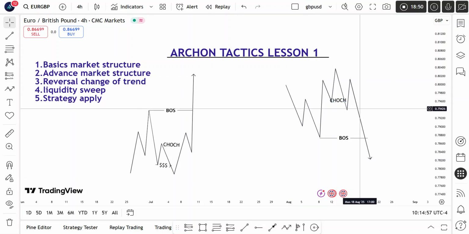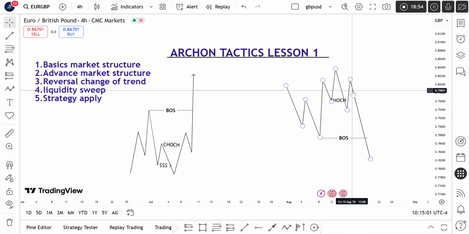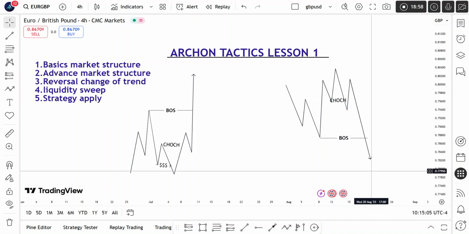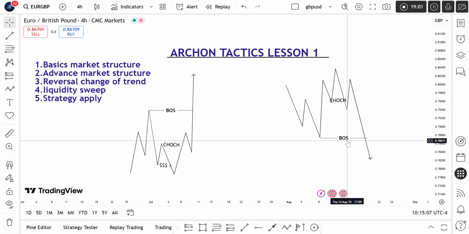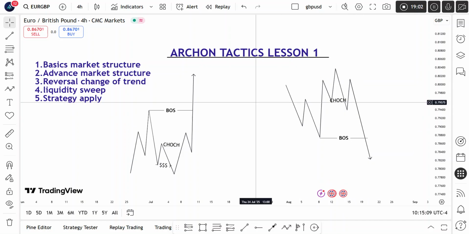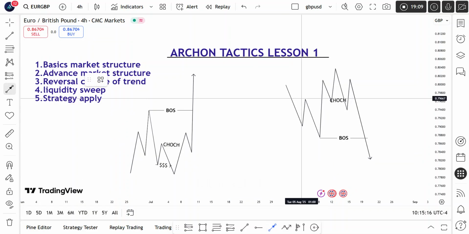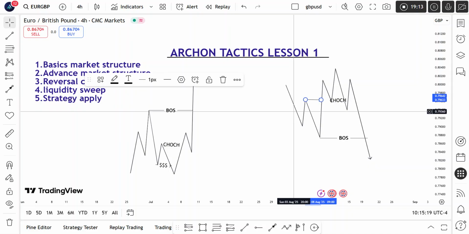And then we're going to put another change of character that happened. It was the break, what we call the sweep of liquidity. In this zone we have a take of liquidity that happened.